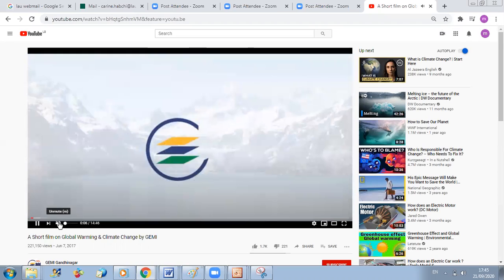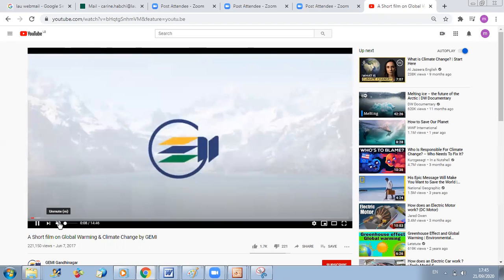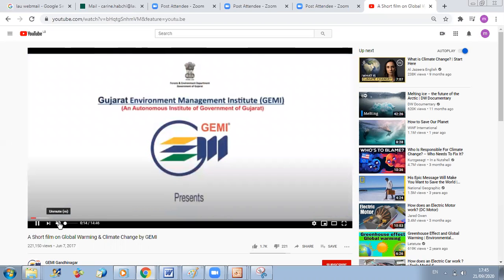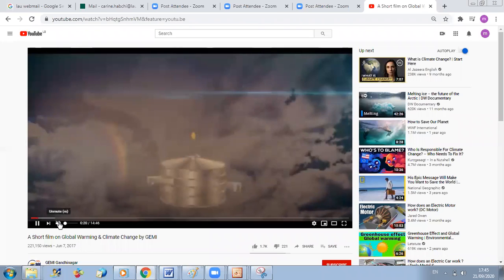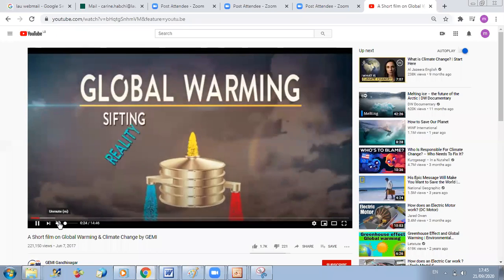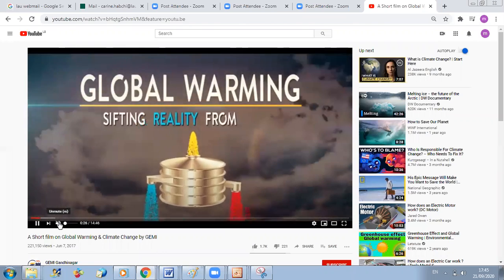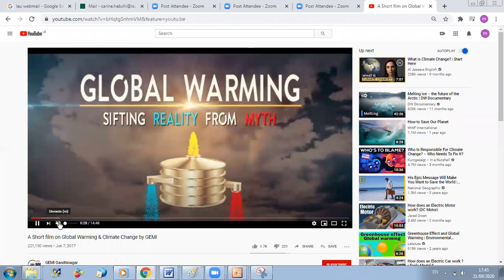Okay, so here, in order first to understand global warming effects, we need to know that the sun emits energy in the form of light, and this light is emitted through electromagnetic radiation ranging from infrared to ultraviolet waves.